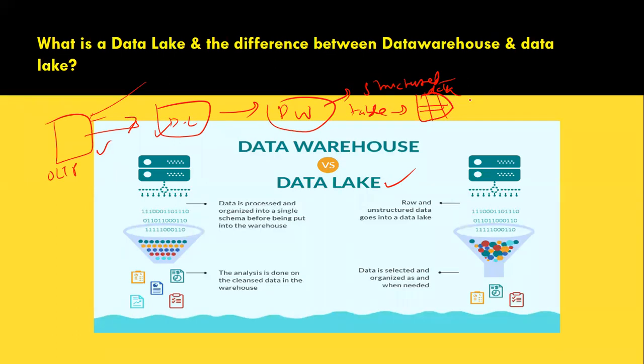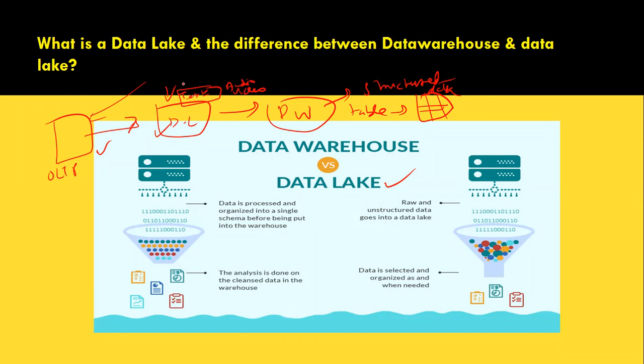Since you are storing the data in rows and columns, you can perform SQL-like joins, everything. Whereas in the data lake, we can store any type of data, unstructured data. An example of unstructured data is text data, or audio and video. These are all examples of unstructured data.